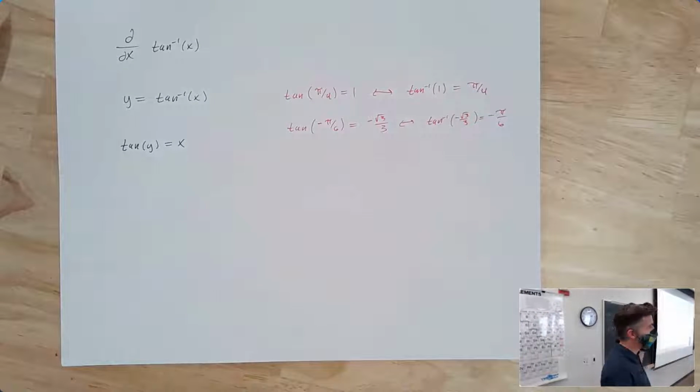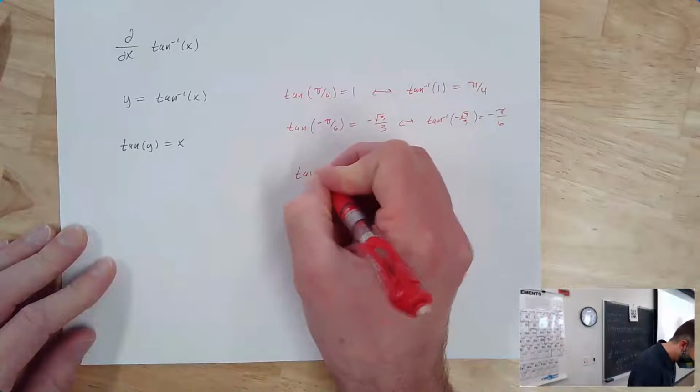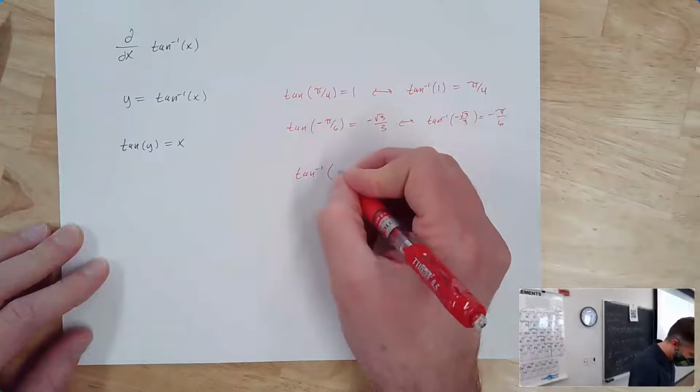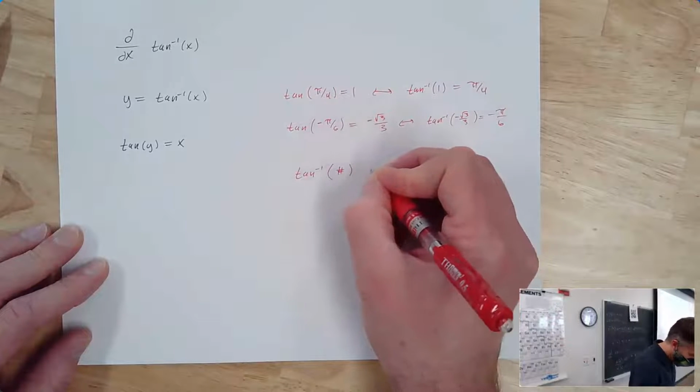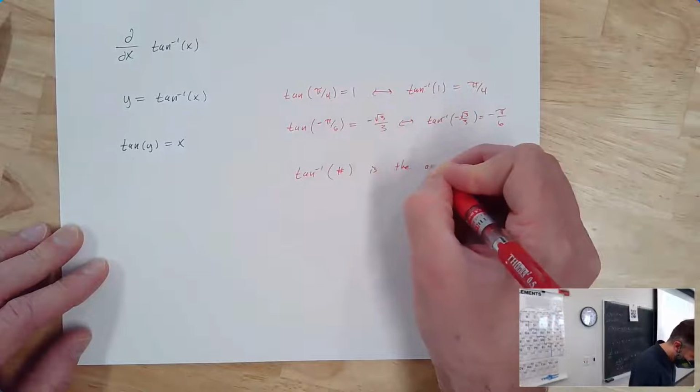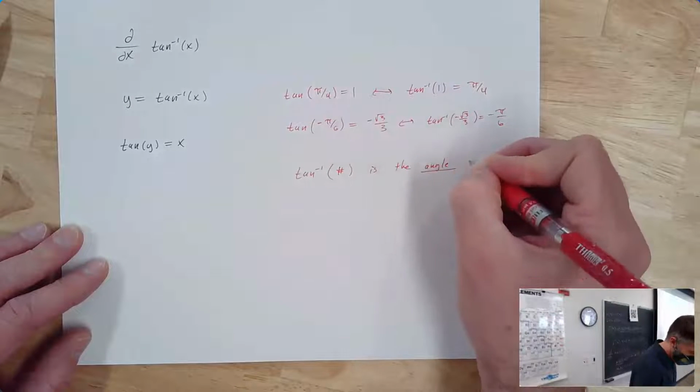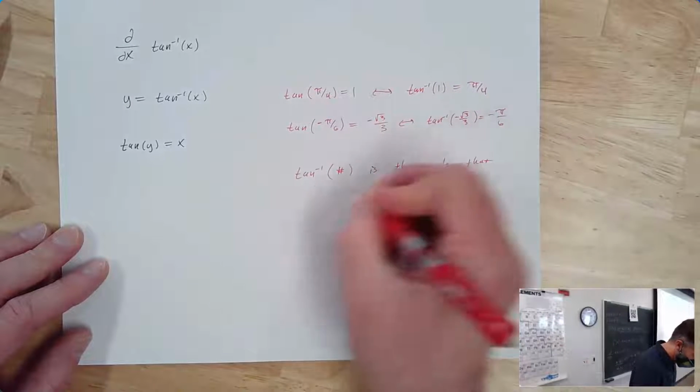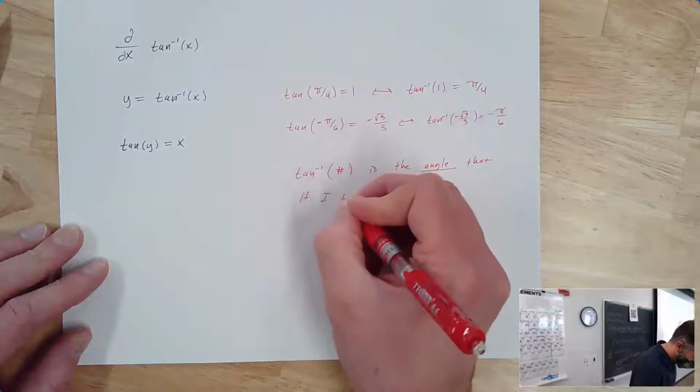When I see inverse tangent, the words I say in my head are, oh, inverse tangent of some number is the angle that if I took tangent of that angle, we would get the number. I know it's a lot of words.